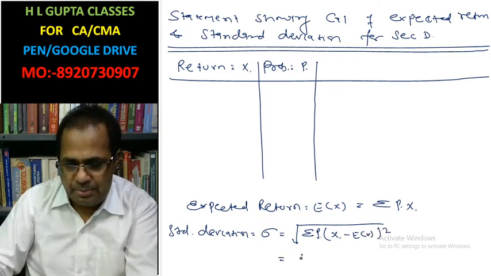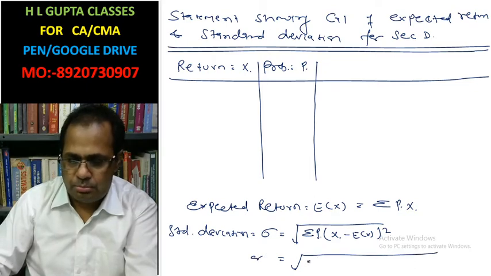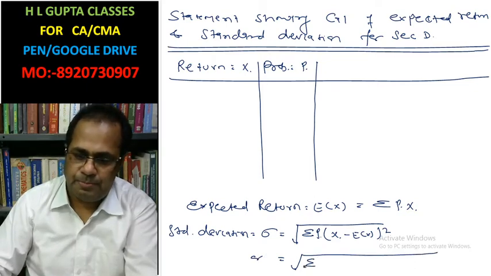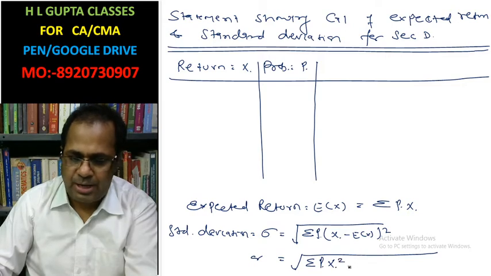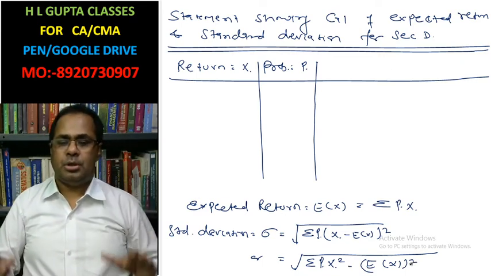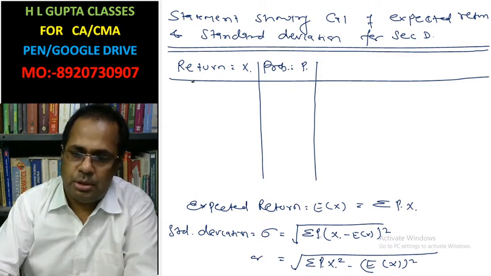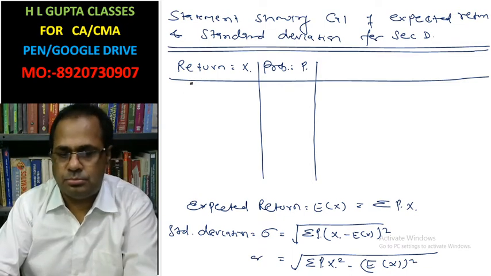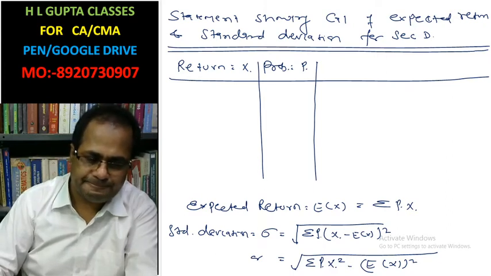The same can be written as root under summation pi xi square minus (expected x) whole square. In this case, the return formula is applied here. So how will you calculate the return in this case?